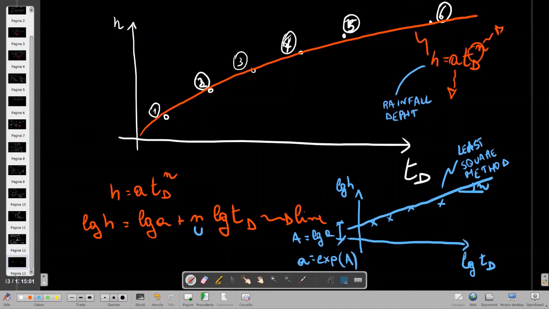Of course, we can also write this relationship in terms of average intensity, but we are missing something because we don't know the exceedance probability of this rainfall. So we need to perform further analysis in order to associate, to relate to this rainfall also its exceedance probability.